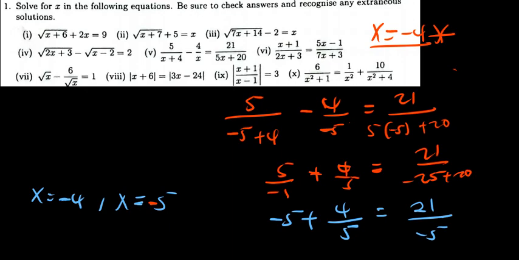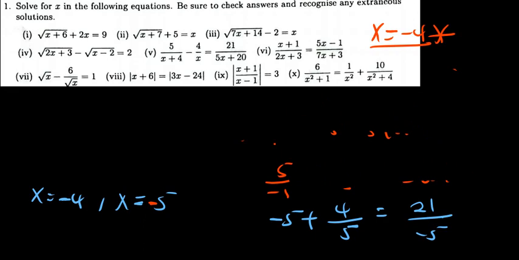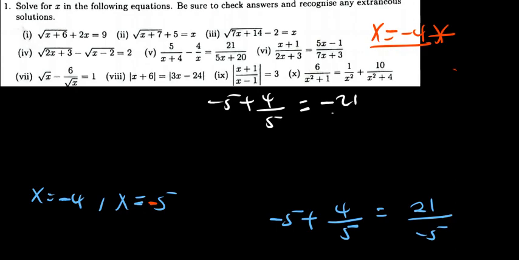So let's see. On the left hand side, we need to come up with 21, which is the same as negative 21 over 5. So now I have negative 5 plus 4 over 5 is equal to negative 21 over 5.